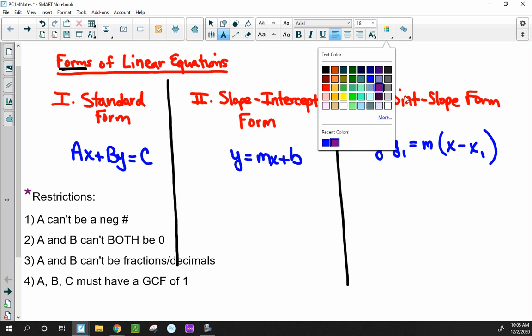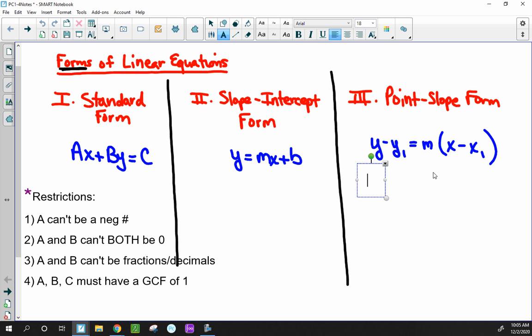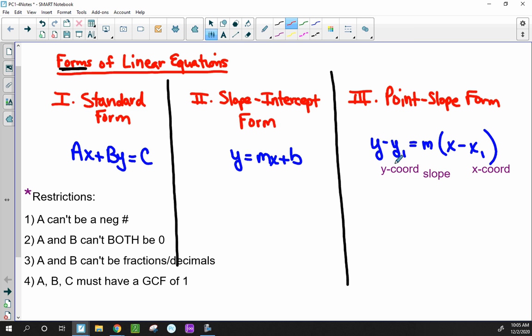For the point-slope form, I made this reference in the last section, remember that the slope is the m, the x sub 1 is the x-coordinate, and the y sub 1 is the y-coordinate. Y-coordinate, x-coordinate, and slope.